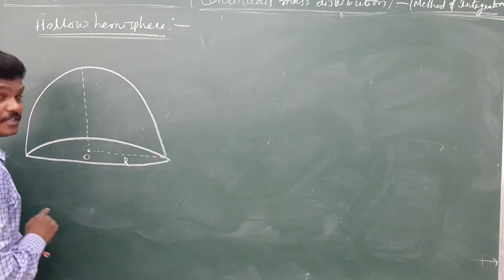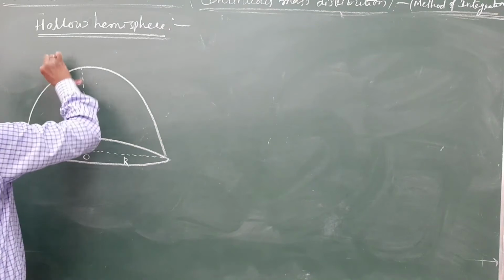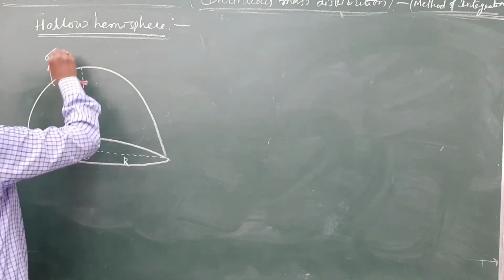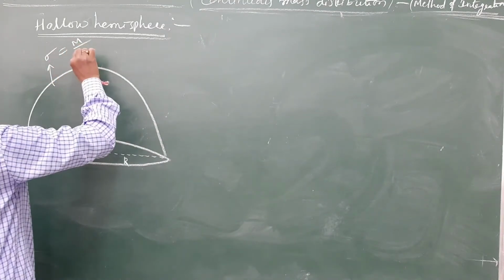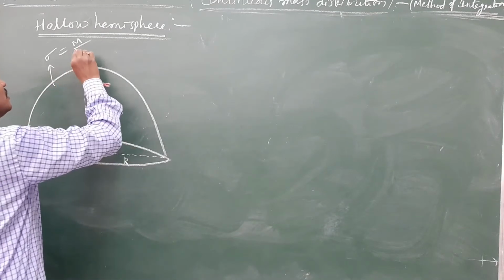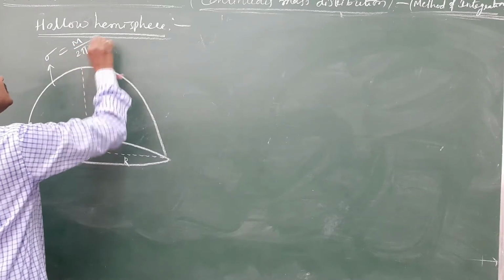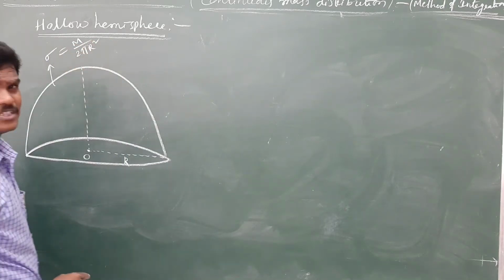O is the center. To solve this type of question, this also has a sigma. So sigma is equal to mass by area. The area of the full sphere is 4 pi r square. Now this is half, so 4 pi r square by 2 is 2 pi r square. Sigma is m by 2 pi r square.